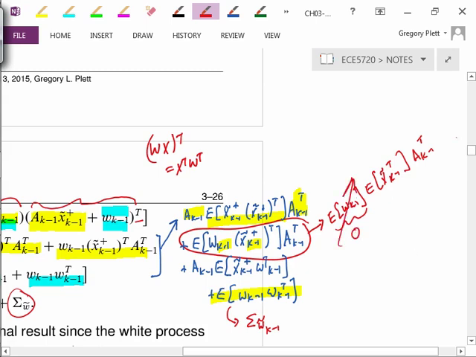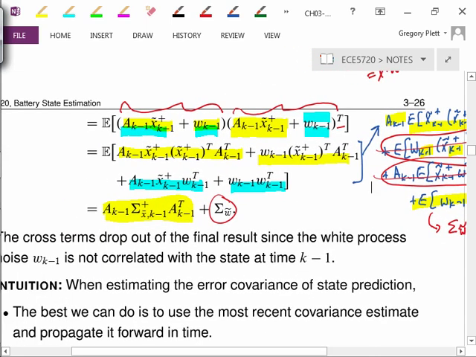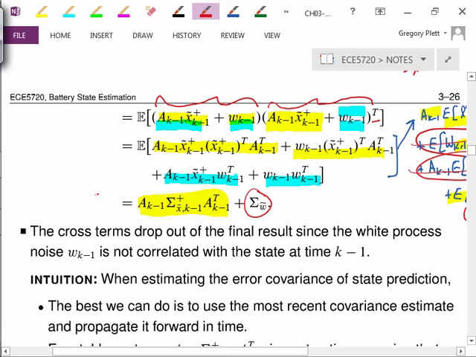The whole thing gets multiplied by 0, and that entire term goes away. Similarly, the same process we do with this, and because w is zero mean, that whole term goes away. So those disappear. And we end up overall with this result here, and this result is for Σ x̃_k minus.